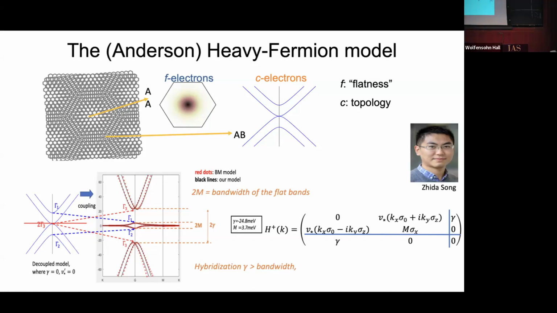I can take the Bistritzer-MacDonald model, form trial Wannier states, plug it into Wannier 90, and obtain these two heavy electrons, flat bands here. Then I can take the complement of the heavy electrons and ask what it is, and find out that I have a semimetal similar to the one in AB untwisted bilayer, with a double vortex here, because the double vortex is 2 Dirac nodes.